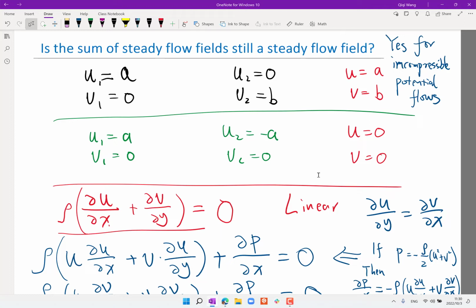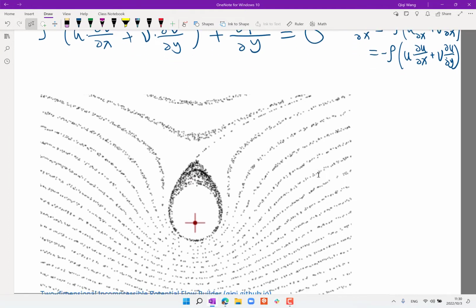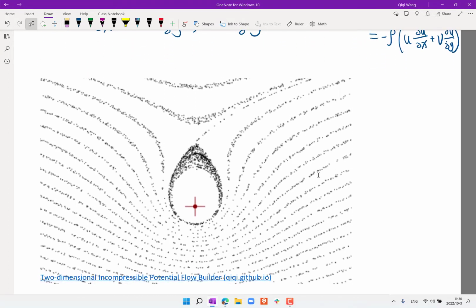So what would the steady state flow look like? Think about it. It looks something like this. It's a lot more interesting than just either a free stream or just a vortex, right? If you have a vortex, it just rotates and you get circular streamlines.